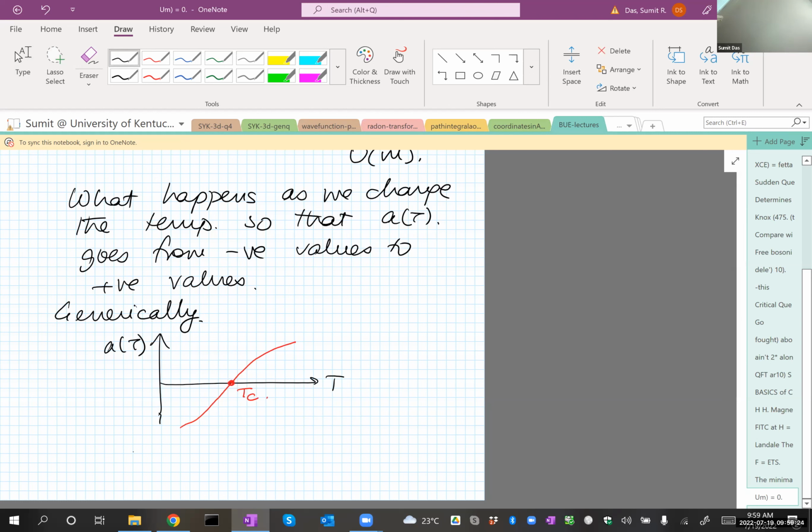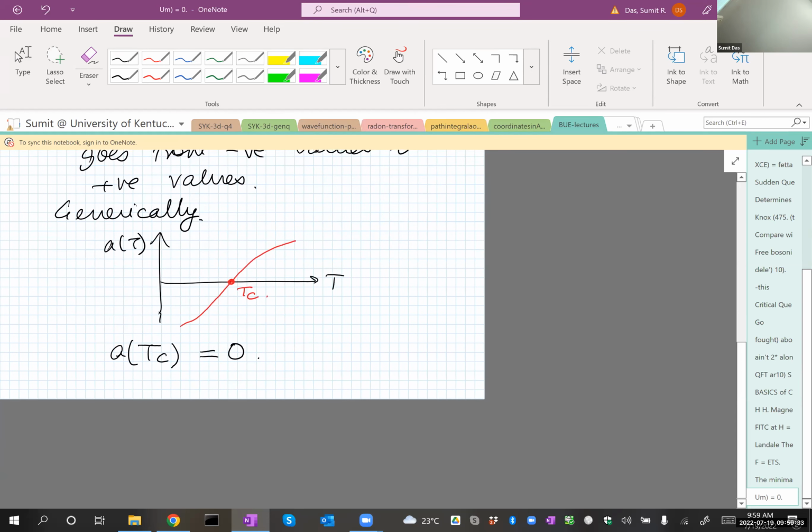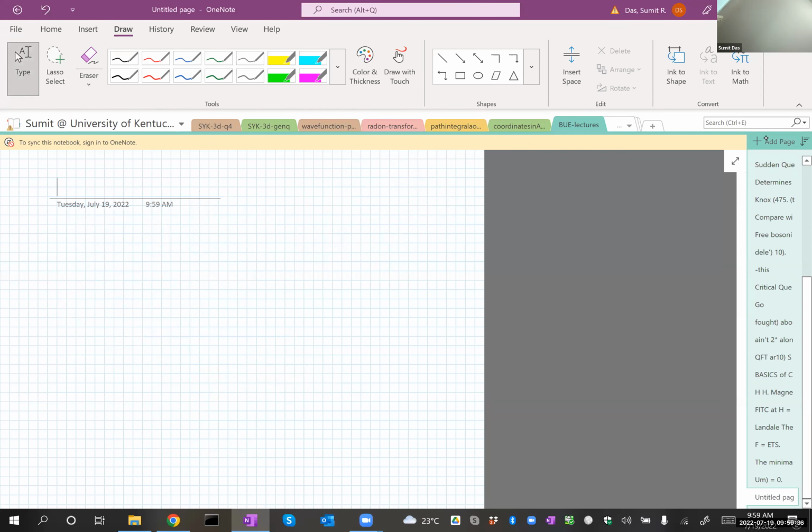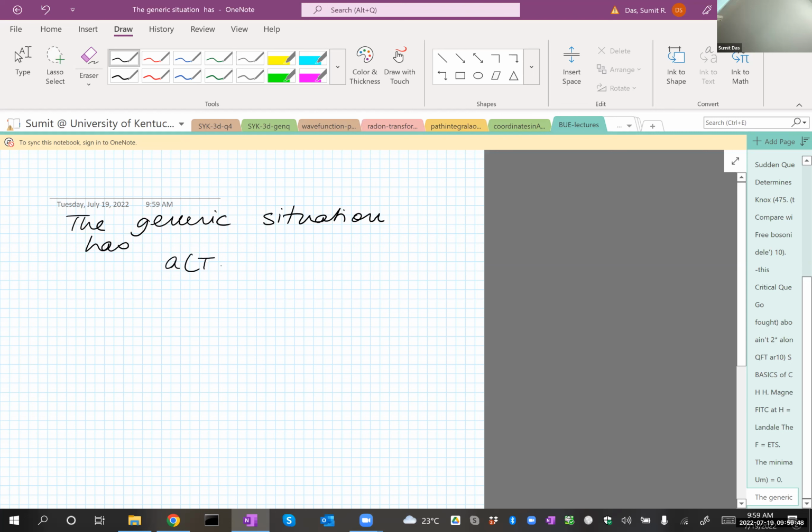So there is a value, t equal to tc, where A in fact vanishes. And as you can see from the nature of the curve, the generic situation has A of t going as tc minus t near t equal to tc.